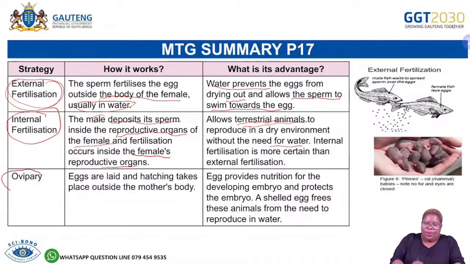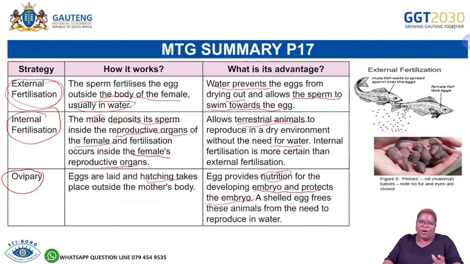Right, now, another strategy we've got, ovipary. How does it occur? How does it happen? How does it work? So, eggs are laid and hatching takes place outside the mother's body, right? Then, what is the advantage of ovipary? Eggs provide nutrition for the developing embryo, and it protects the embryo as well. So the eggs provide what?